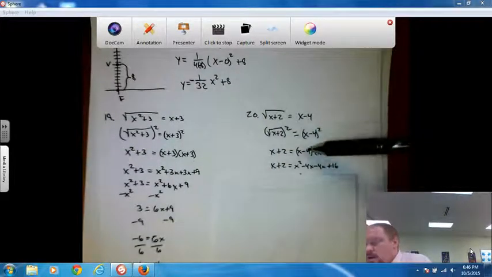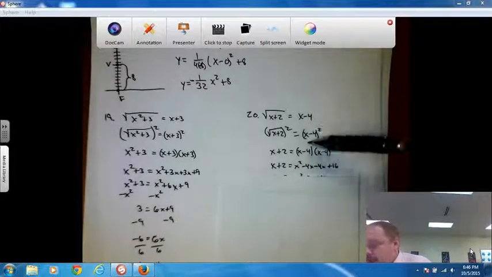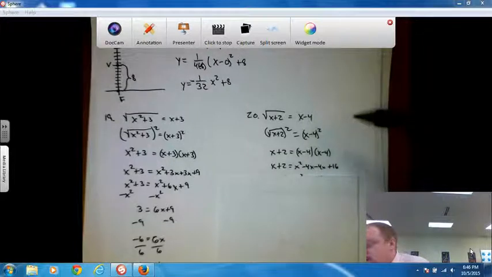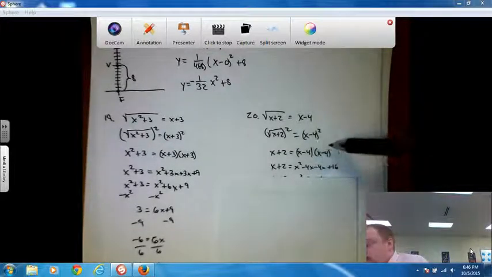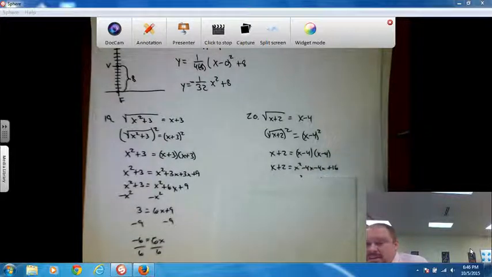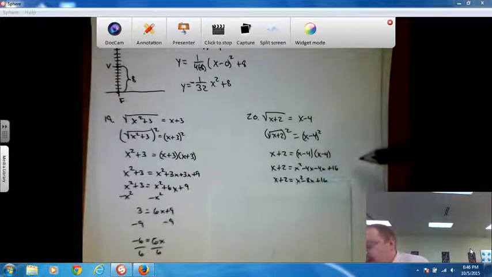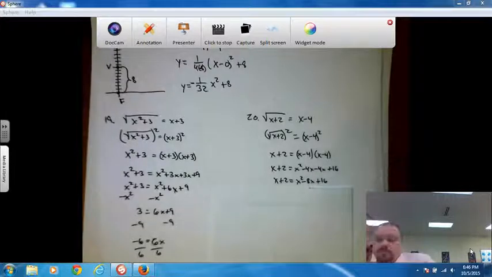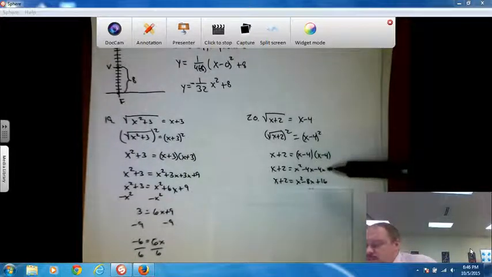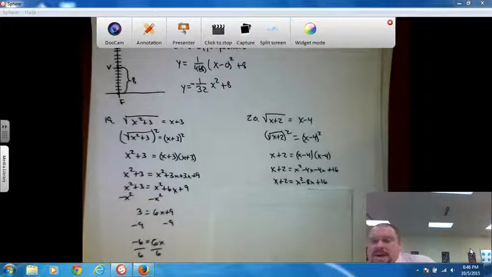Foil the right side. X times x is x squared. Negative 4 times x is negative 4x. X times negative 4 is negative 4x. Negative 4 times negative 4 is 16. And then clean it up. You get x plus 2 equals x squared minus 8x plus 16.